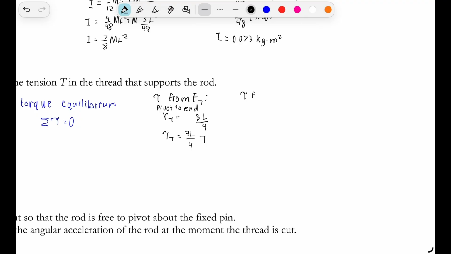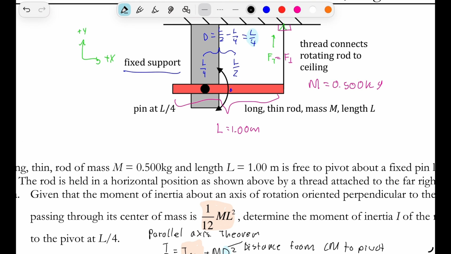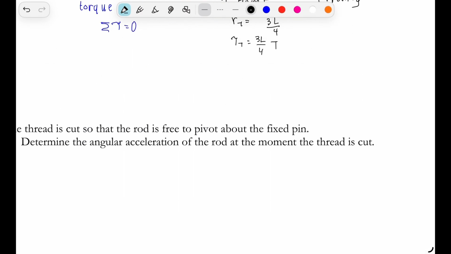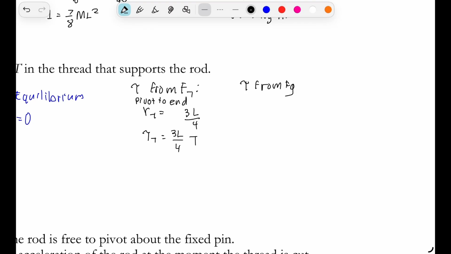So then after this, we can find our torque from gravity, from Fg. We know that Fg is going to act at the center of mass. So here is our center of mass, and mg is equal to the force of gravity. Gravity is accelerating the mass downward by 9.8 meters per second squared.